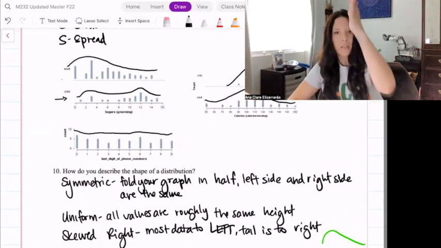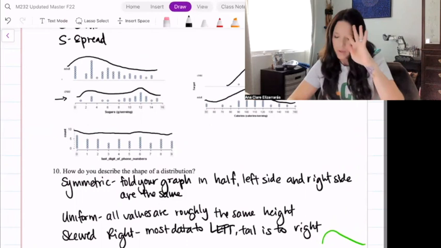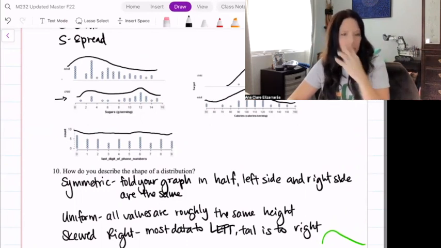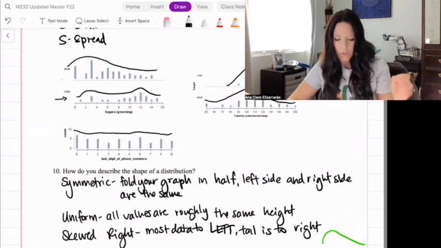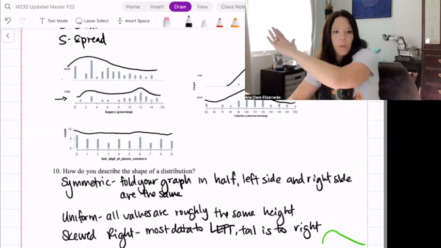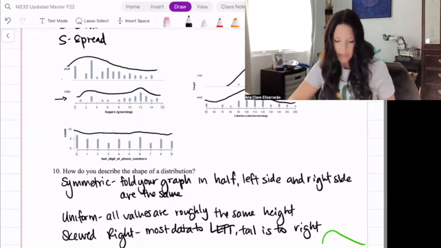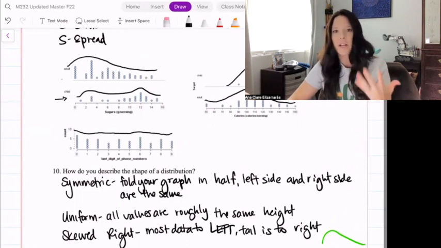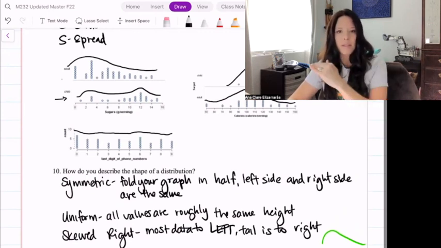I know that there's one clear unimodal peak. I would say calories is symmetric with one unimodal peak. I would say sugars for adults is skewed to the right with one unimodal peak because there's not another jump off. And then I would say that counts is uniform. When you talk about a uniform distribution, you're not going to have bimodal or multimodal, because the whole thing is the same.